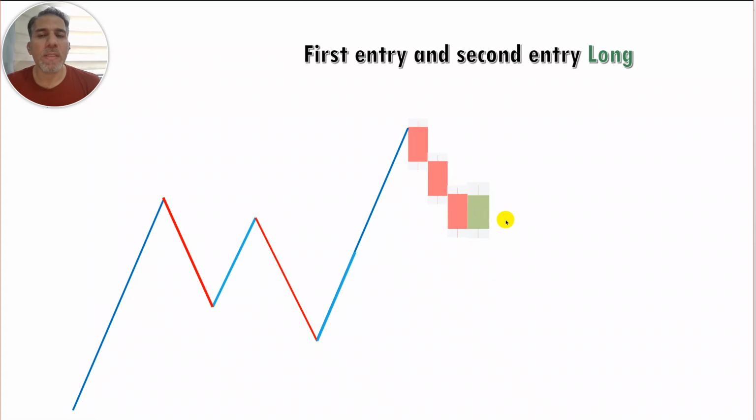So this is the first time after the pullback that the trend wants to continue. It means that this leg is coming down, and here is the first time you can see that it wants to try to break this high. If it wants to break this high, first it needs to break the high of these candles.